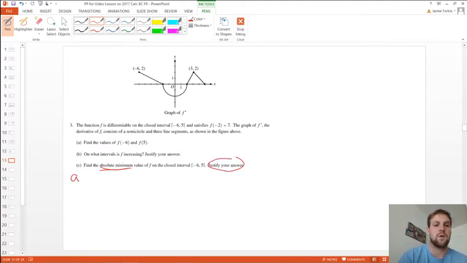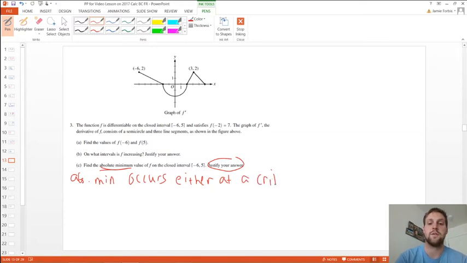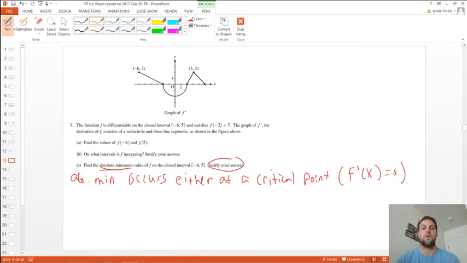Absolute min occurs either at a critical point, which, remember, is where f prime of x equals 0, or an endpoint. And that's just by definition. On a closed interval, it's either going to be at a critical point or an endpoint.